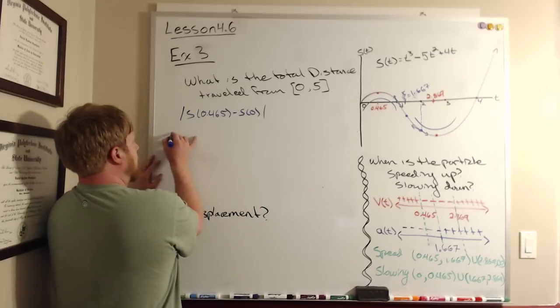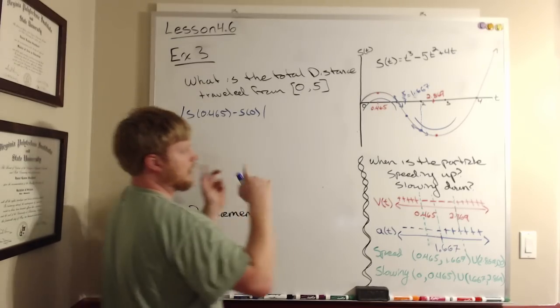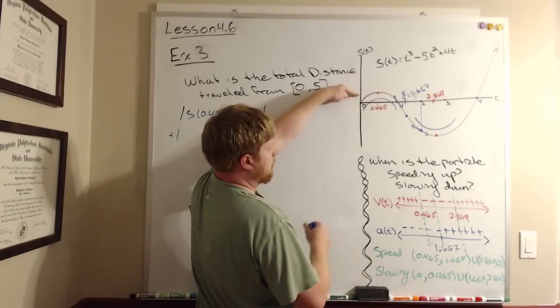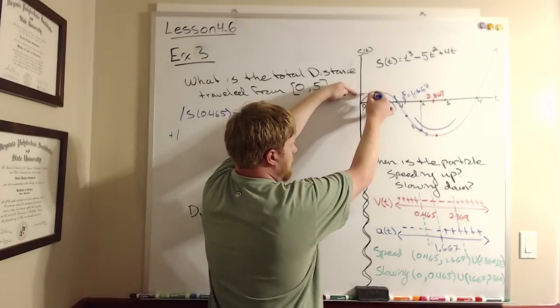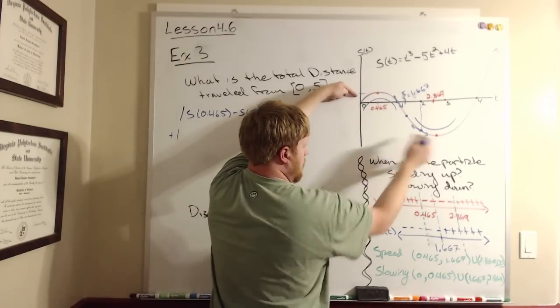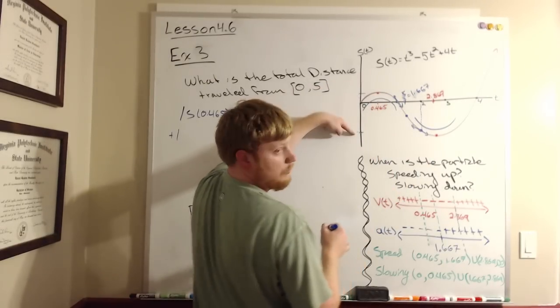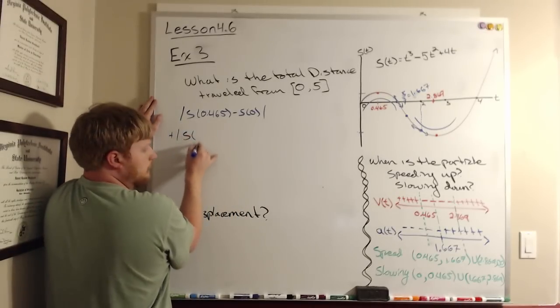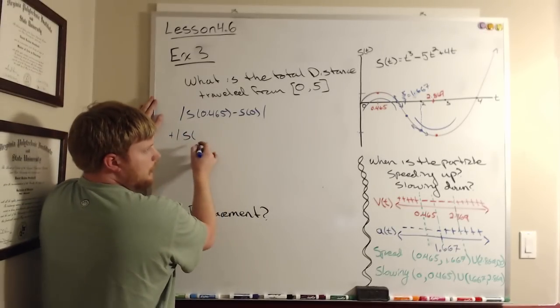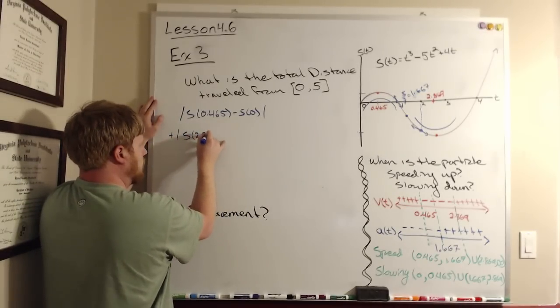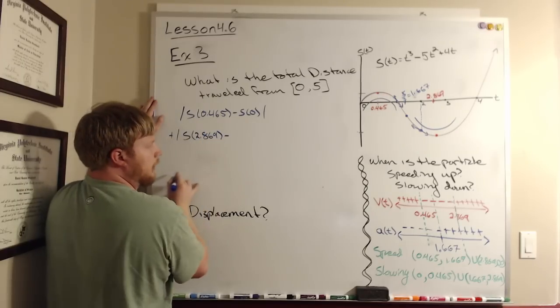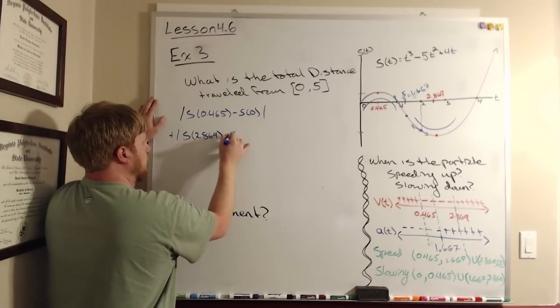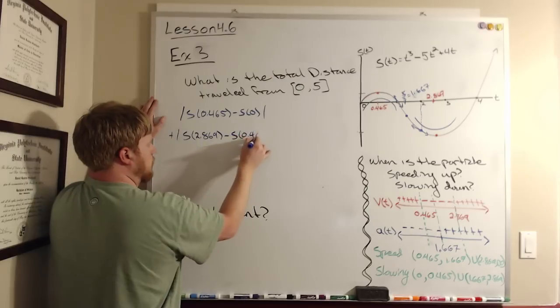Then we're going to add to that the distance from here down to here. Okay. So we're going to do the absolute value of S of 2.869 minus S of 0.465.